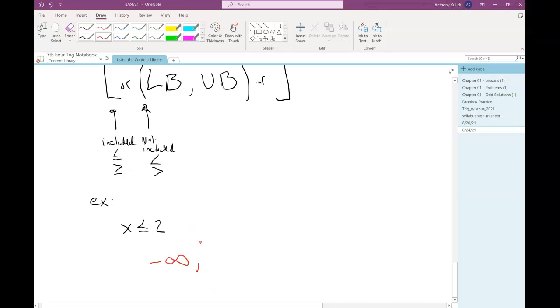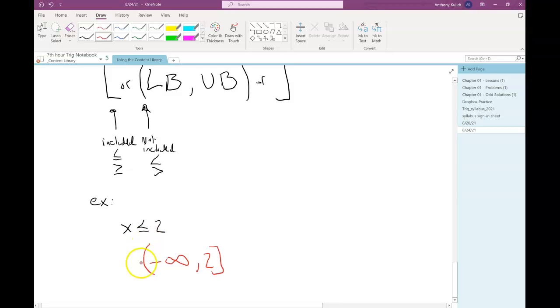My upper bound here needs to be a number that's greater than or equal to everything in the set. It should be 2, right? Because 2 is the biggest number that could be in that set. It's bigger than or equal to everything in there.